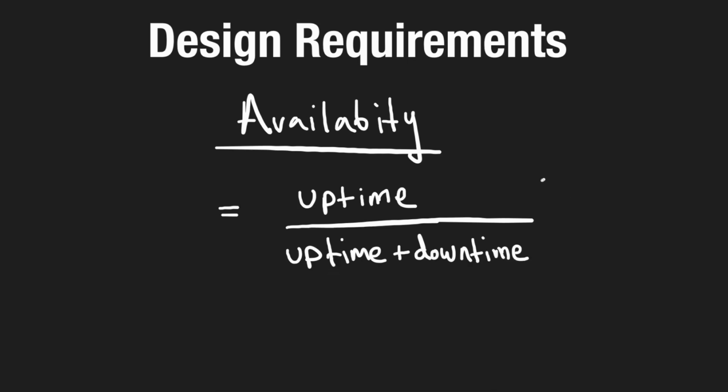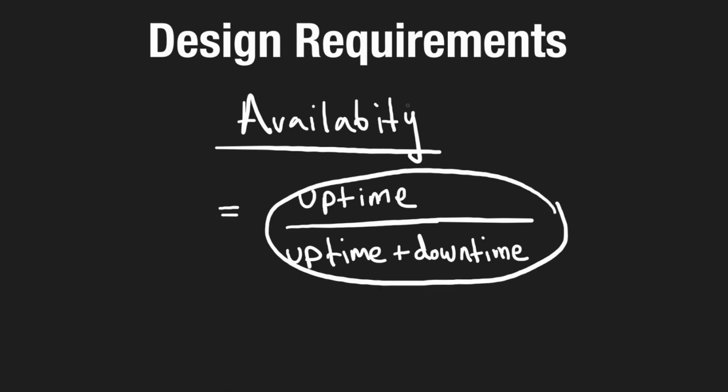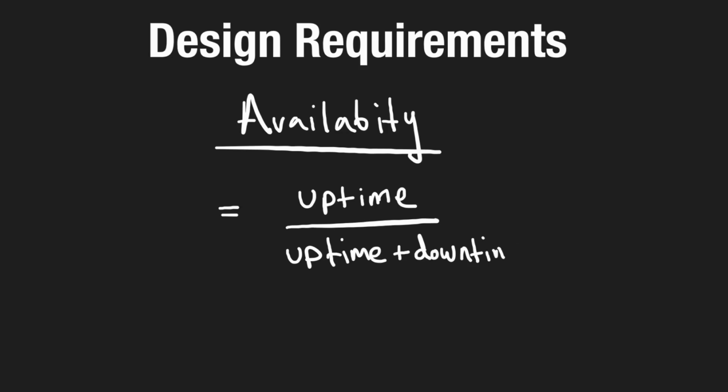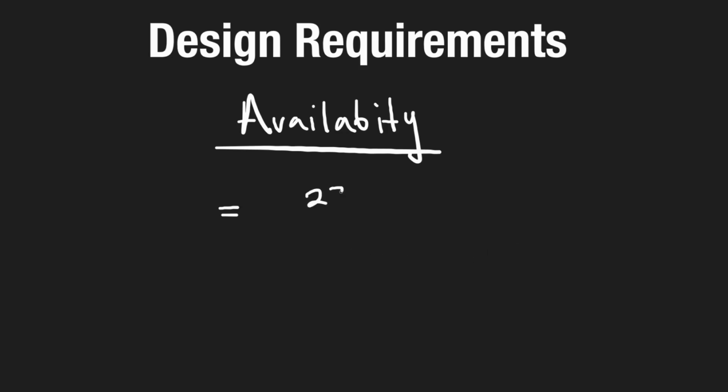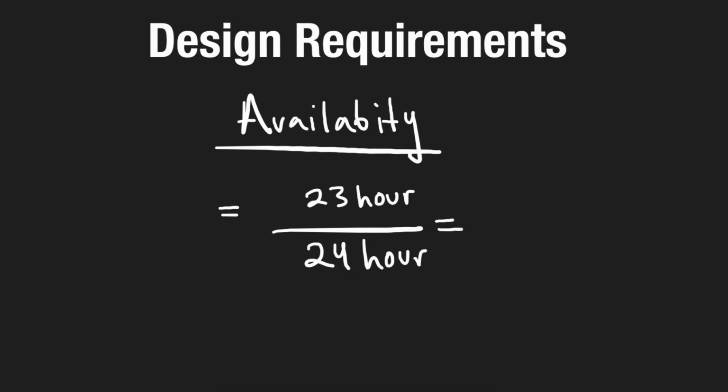I guess this is a slightly more formal way to represent it, but you'll never end up thinking of this equation when you think about availability, because let's rewrite this. Let's say over a day, our application was up for 23 hours out of the total 24 hours of that day. So this would actually become a percentage. That's how we usually talk about availability. So we would say the availability of our service was 96%.